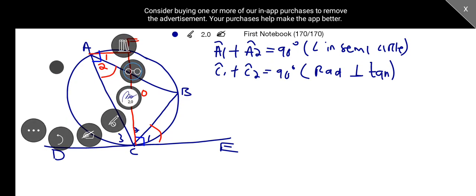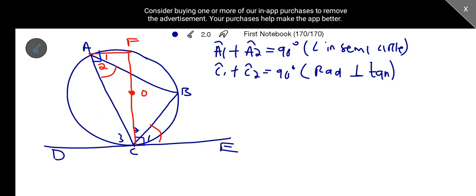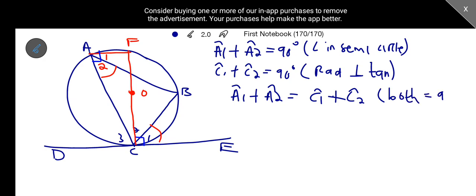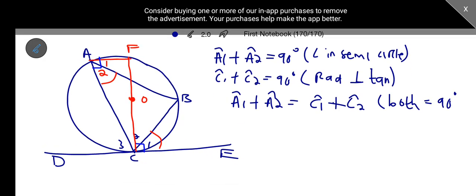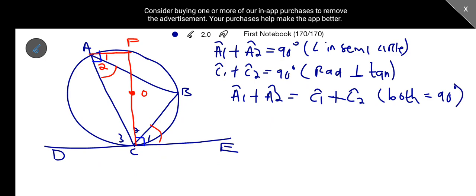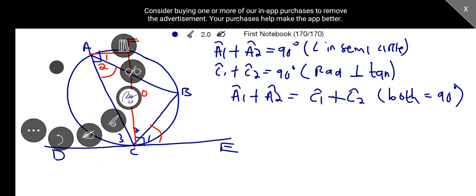They are equal to each other as well. If A is equal to B and B is equal to C, then A is equal to C. So we can say that angle A1 plus angle A2 is equal to angle C1 plus angle C2. We don't have to give a reason, but we can say, if we want to, just to practice, both equal to 90 degrees. But even if you don't write this, you are still fine.